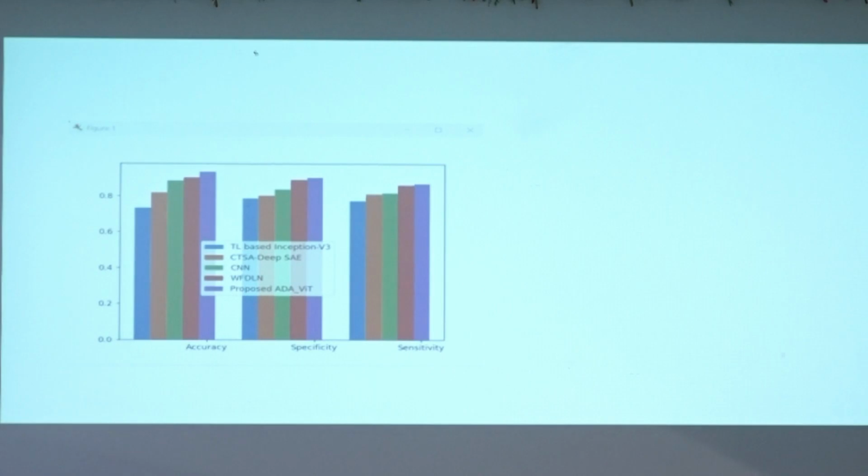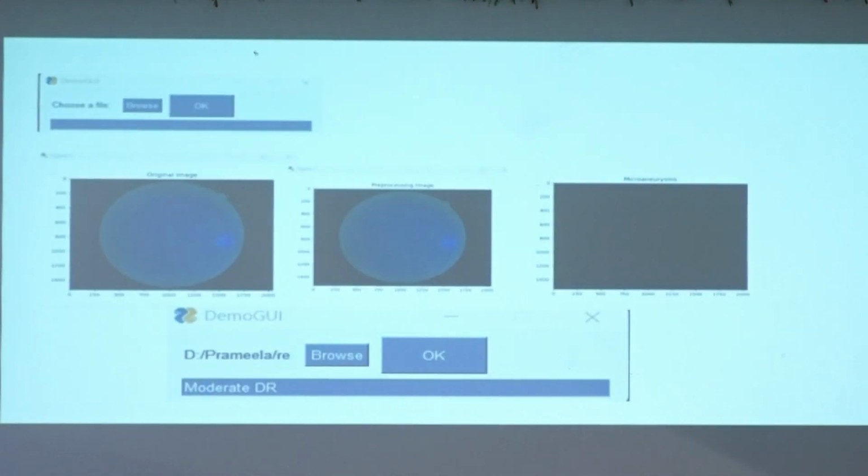As I told, on the screen it is not visible clearly. This is the original image. After pre-processing, I told that I applied NLMD, the non-local mean denoising algorithm. Here it is not visible, but all the patches will be removed from that, and the clear image will be given here.